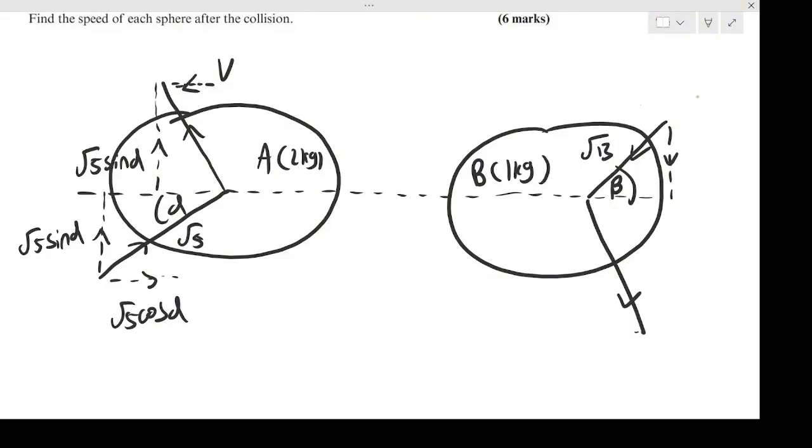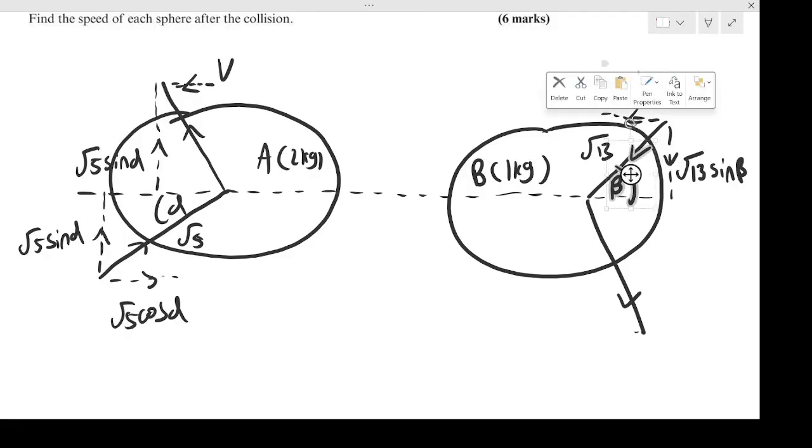And so then for B, originally, you can see we're going to go down here. And so that perpendicular part's going to be root 13 sine beta. Okay, hopefully happy with that. And so likewise, the parallel part up here is going to go to the left to match that direction, right? That speed there. And so we're going to go to the left by root 13 cos beta.